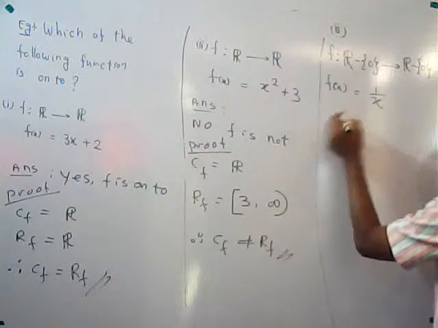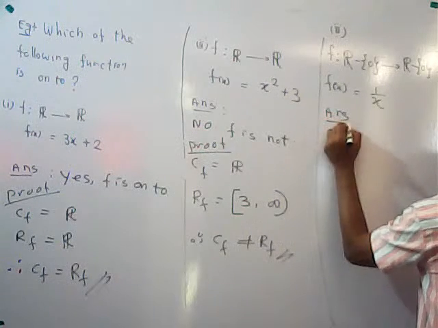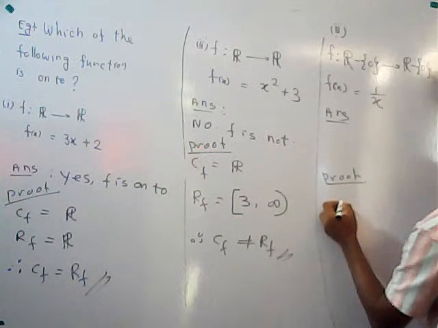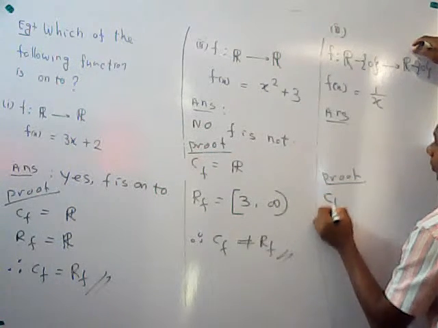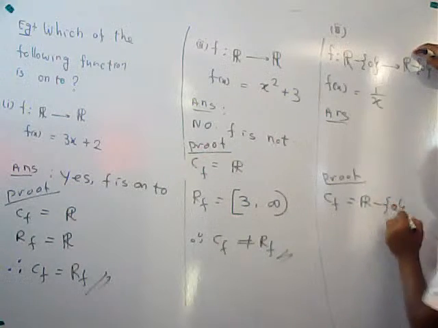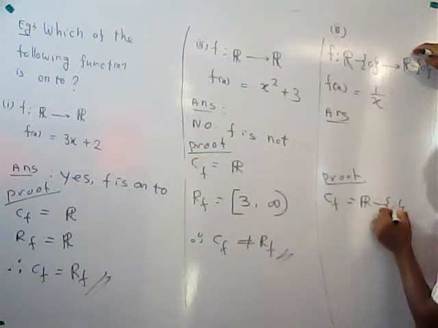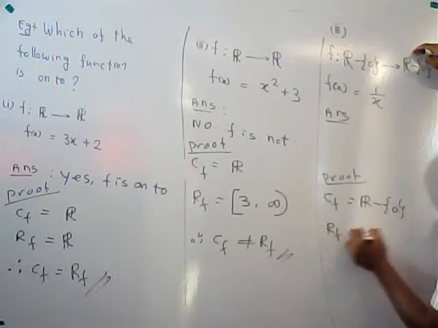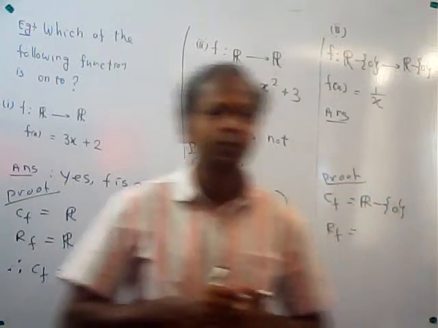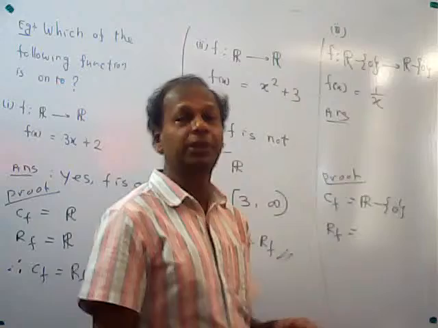In this, codomain is seen here. It is R without 0. So the range of F, how to find the range of F of a function like this. The same function I have given.